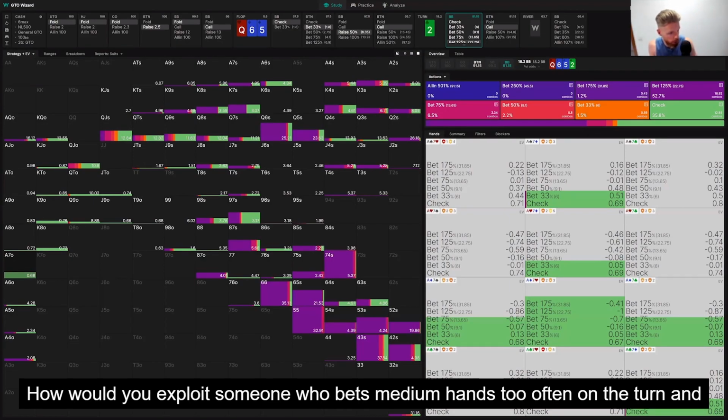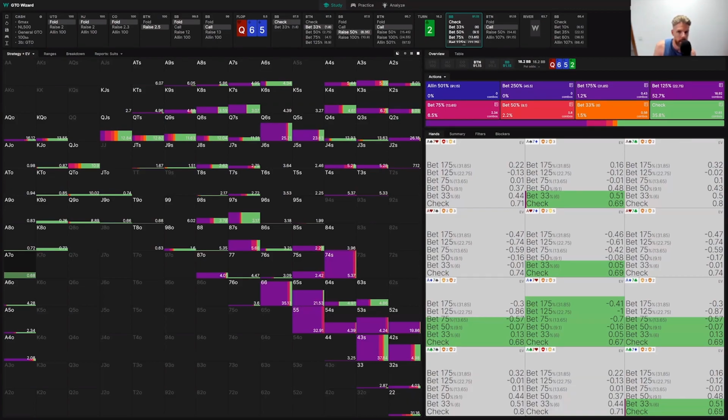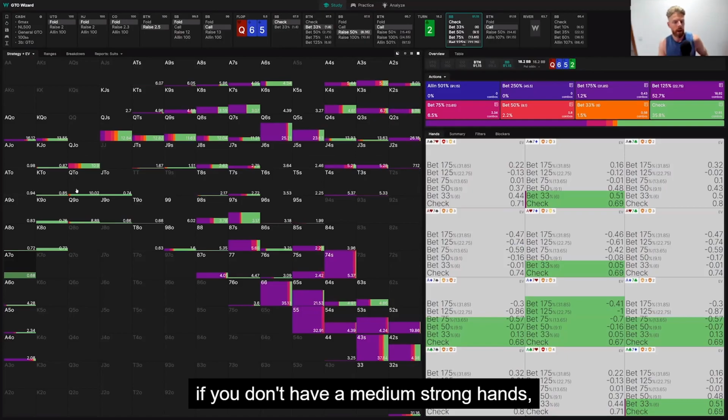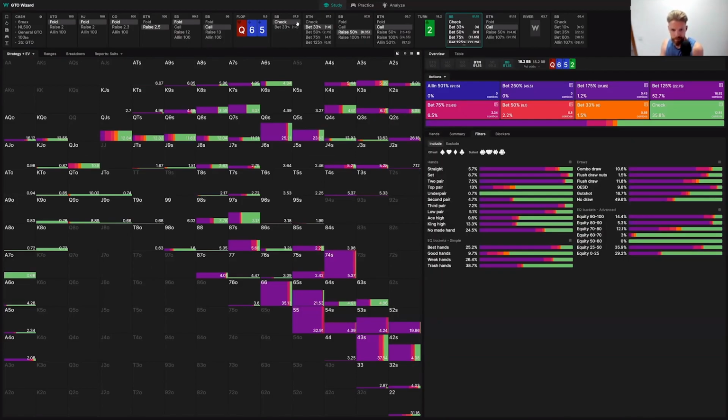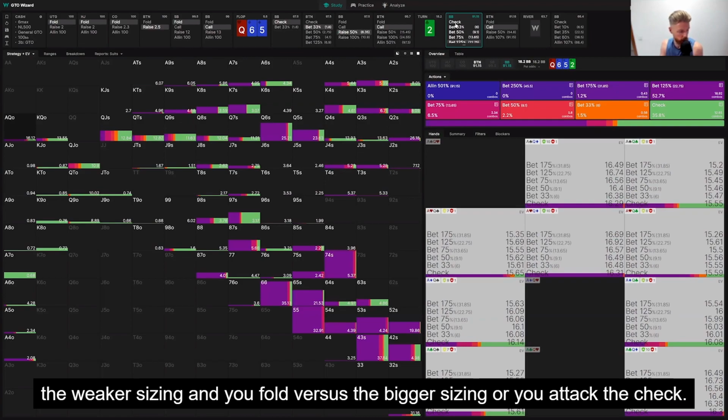Let me see. How would you exploit someone who bets medium hands too often on the turn and usually bets a size equivalent to their hand strength? So basically, he's telling you what he has. Well, if you then have a medium strong hand, then if you have a bluff, that benefits because you check, you attack the weaker sizing and you fold versus the bigger sizing, or you attack the check.